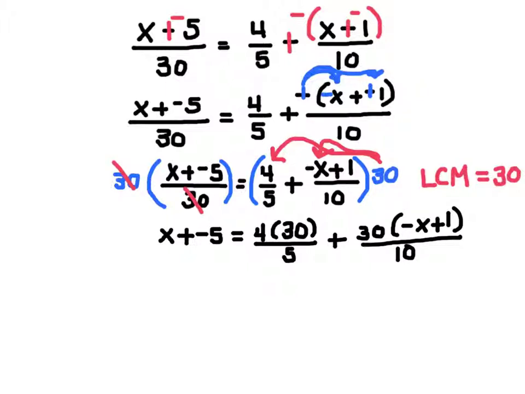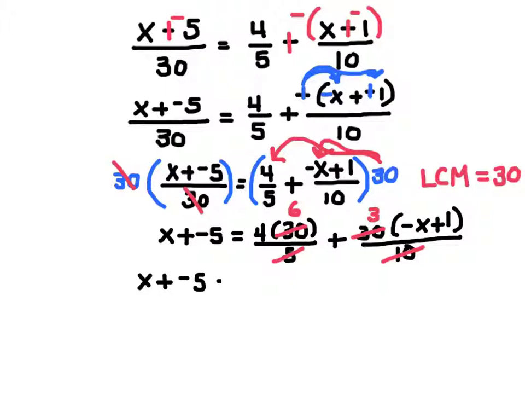Now I can see here that 5 goes into 30 6 times. 10 goes into 30 3 times. So now what I have on the left-hand side is x plus a negative 5.